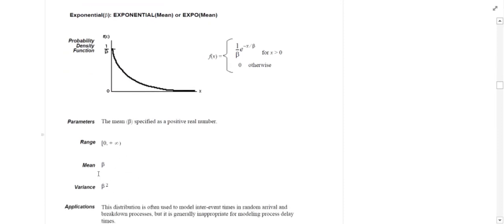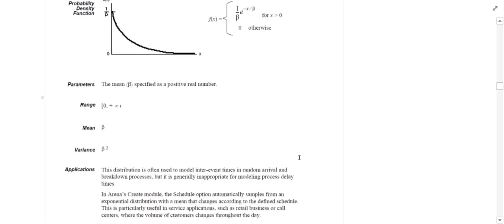In this case there is no k, because there is only one variable we're looking at, so our variance is beta to the second power. This distribution is useful to model inter-event times in random arrival, such as times between events, travel times, and breakdown processes, but it is generally inappropriate for modeling process delay times. We'll get into that as we use this in our ARENA simulations.